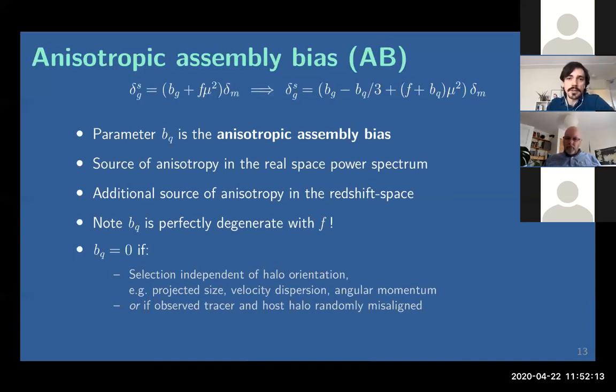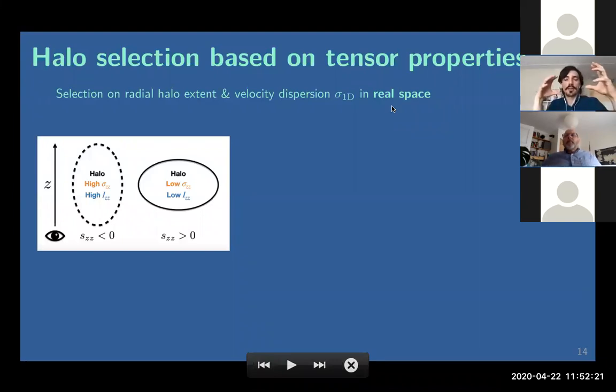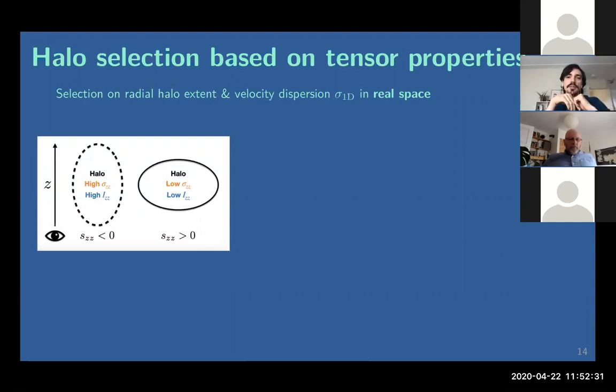Okay, and so one way to check this in simulation is that we know for halos how oriented they are, and we can go back to real space, not like in real observations. In the simulations we know the real-space positions of halos, so let's remove the redshift space distortions for now.